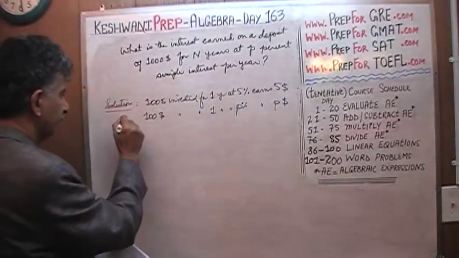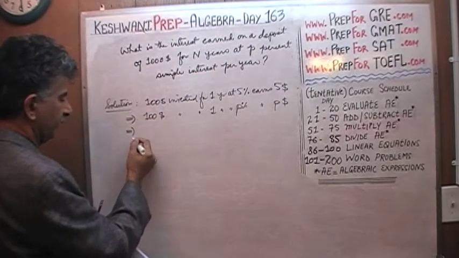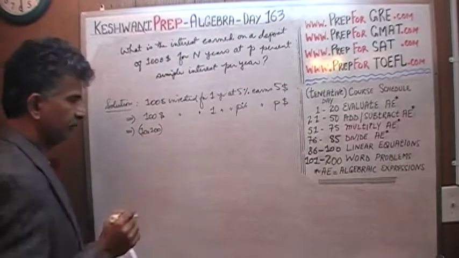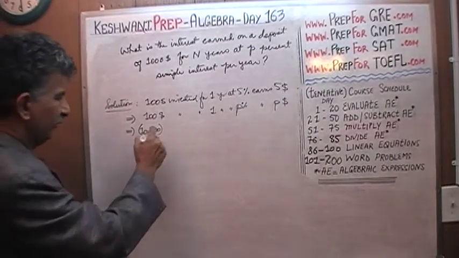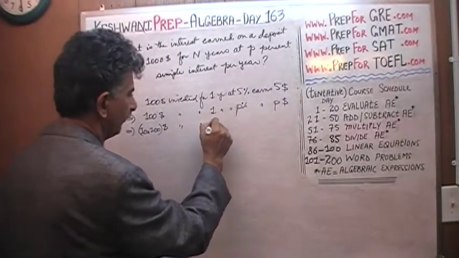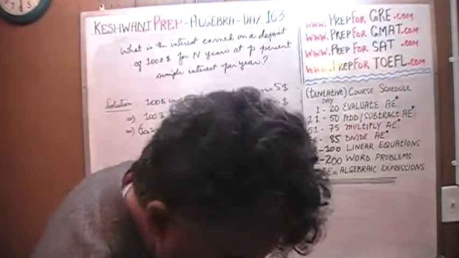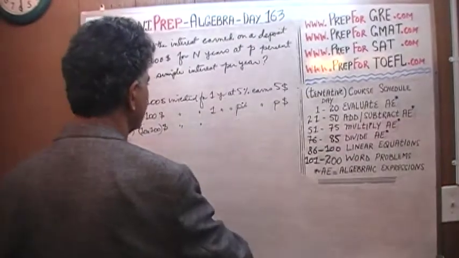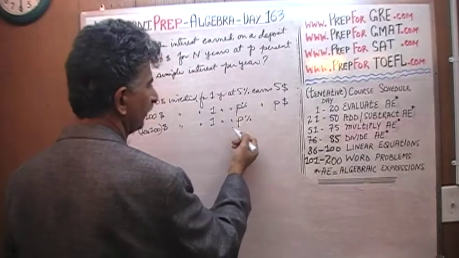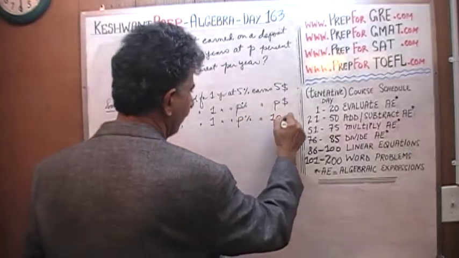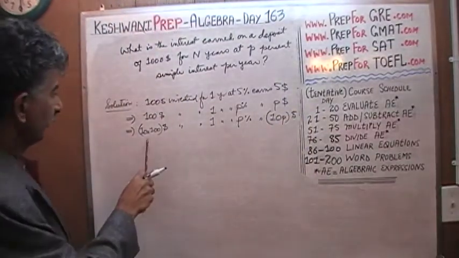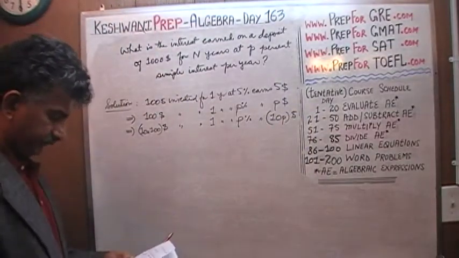That implies that if you were to invest 10 times the amount of money, instead of $100, if we invest $1,000 for 1 year at p%, it should give us 10 times the amount of return because we're investing 10 times the amount of money.